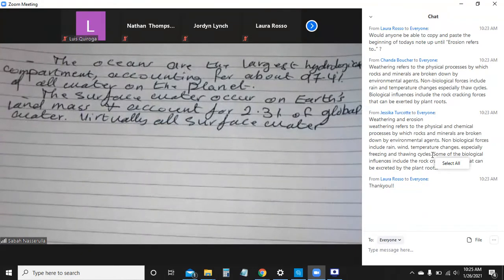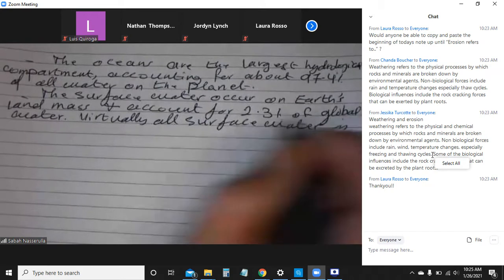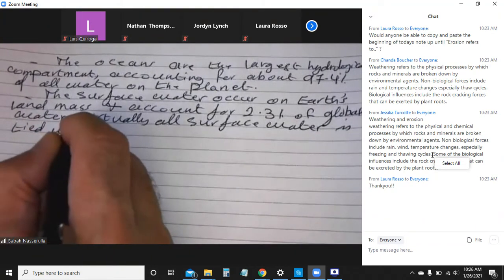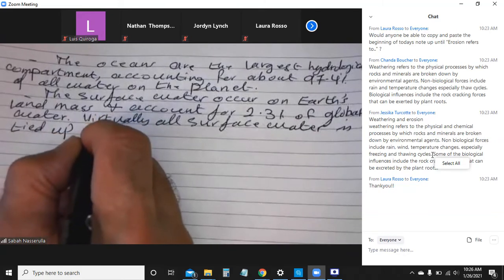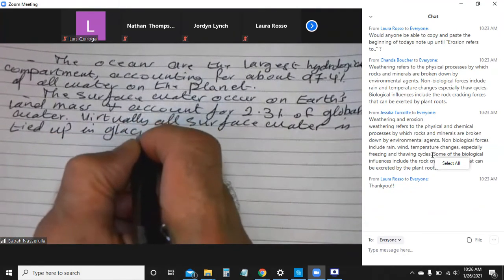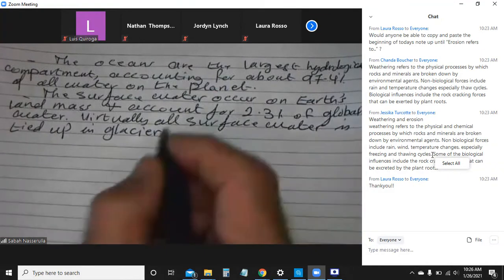Virtually all surface water is tied up in glaciers, and mostly, of course, in Antarctica.